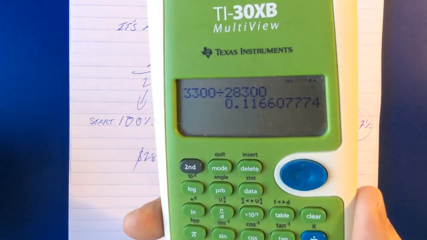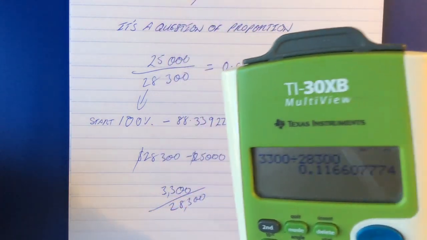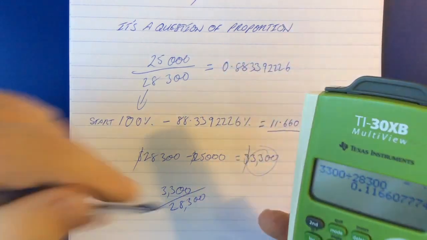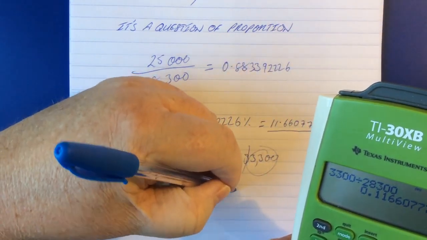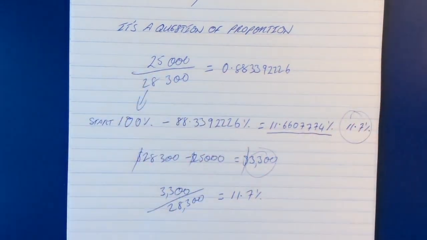Well, look at that. I think that's pretty good. It's exactly that number. And we'll round that to 11.7%. So, two ways of looking at how you calculate what your discount was as a percentage, which is what this question was really about.